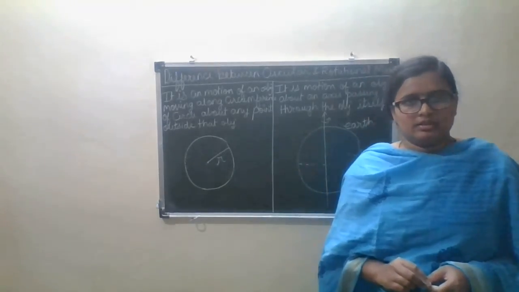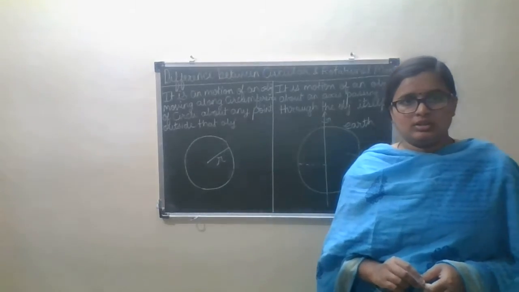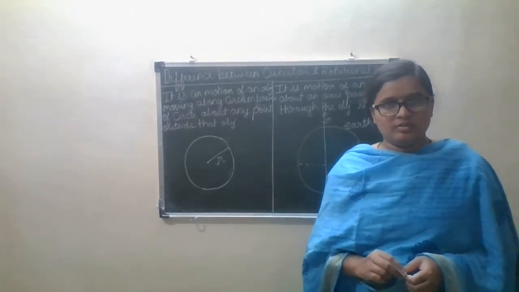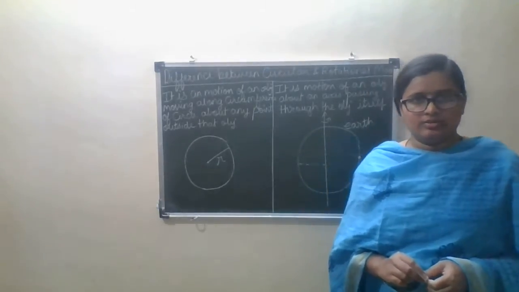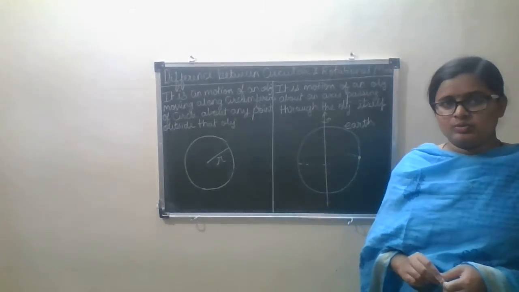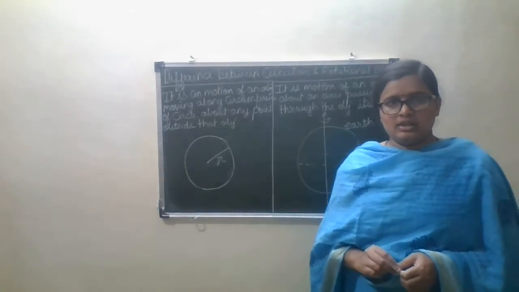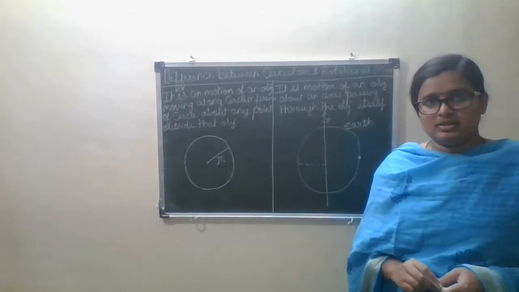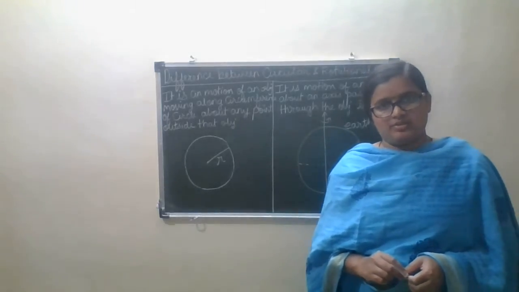There is no axis passing through that object which is moving. And in rotational motion, the motion of an object is about an axis passing through the object itself.